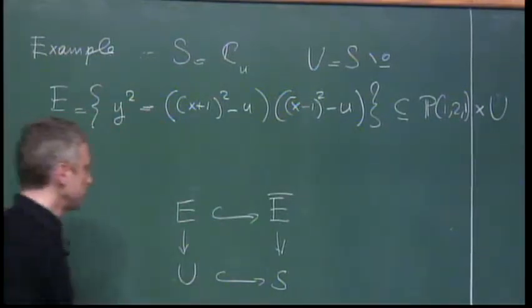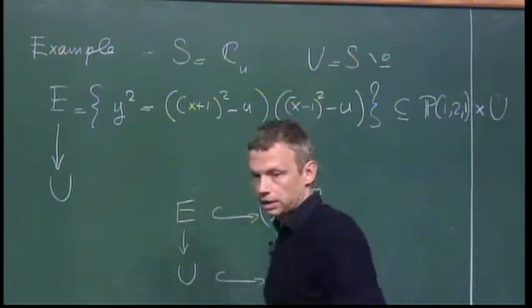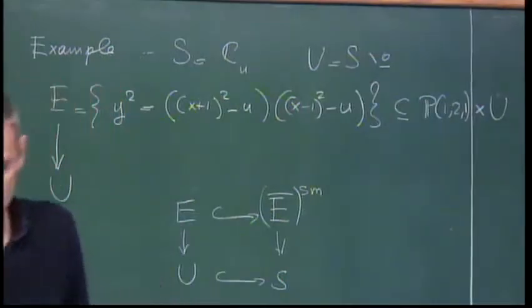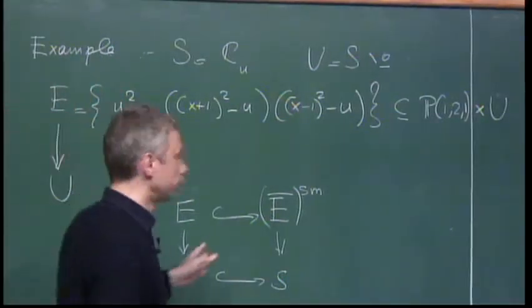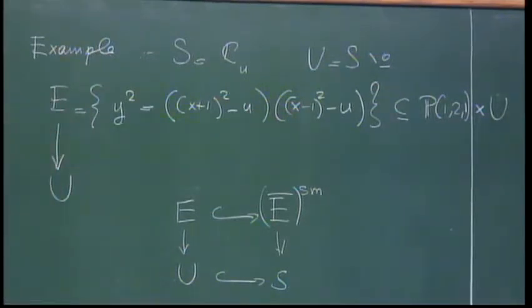But what I would like to consider is something else than this curve: its regular, smooth part. Why do I do this?